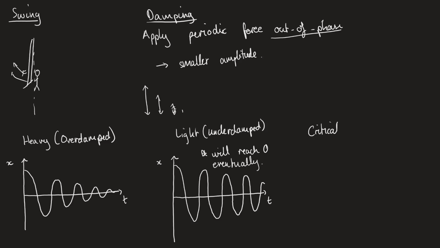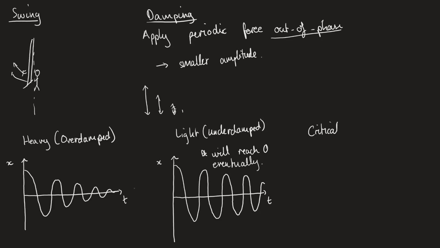If you're in a car and you go over a speed bump and your suspension works by heavy damping, you're going to continue to bounce up and down for a bit until you just start vibrating, and then you're going to come to a stop. Obviously that's not going to be comfortable. If you do it by light damping, you're going to end up just bouncing up and down along the road for, I don't know, another few hundred meters, which again, you don't want to be bouncing up and down in a car. You want the ride to be smooth.